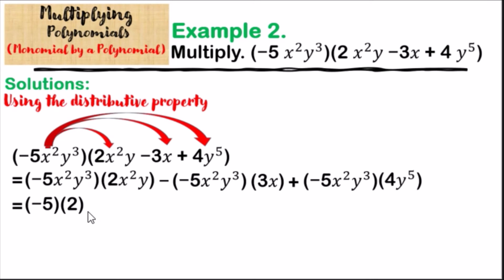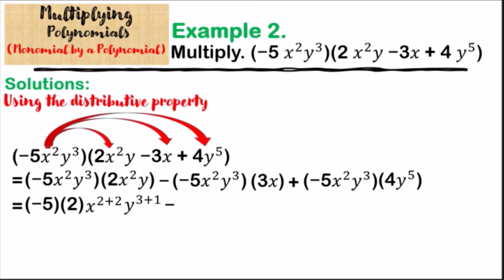You copy the base and add the exponent, that is x raised to 2 plus 2. And we have y raised to 3 times y. You copy the variable y and add the exponent, that is y raised to 3 plus 1. Minus, here we are going to multiply the numerical coefficient together.